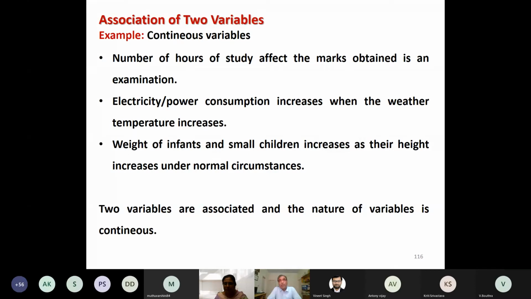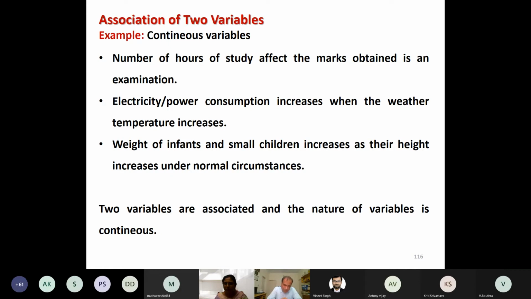When the weather temperature increases, we use air conditioners, fans, etc., so electricity consumption increases as the temperature increases. The weights of small children increase with height or with age. So these variables are interrelated and continuous in nature, and in such cases we can use the correlation coefficient, which is the Karl Pearson correlation coefficient.